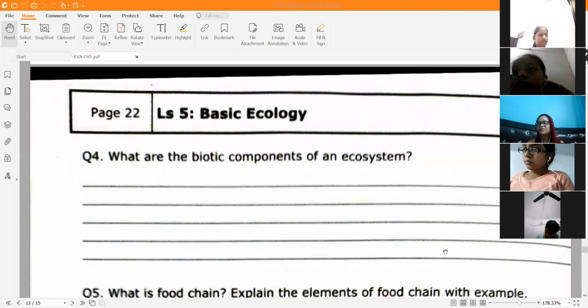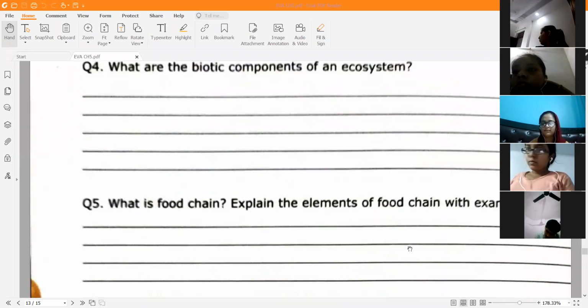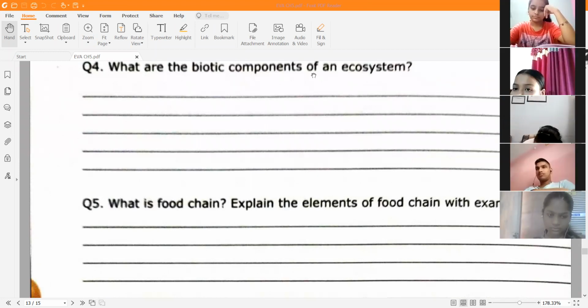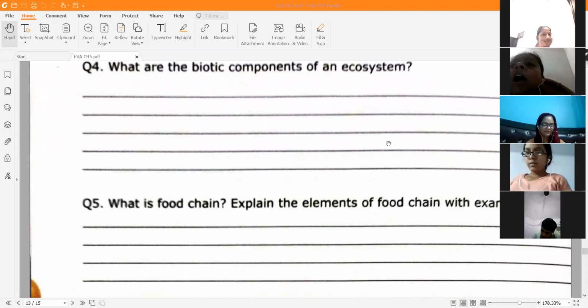How will you form the answer for this? All right, Gauri will start jumping in a minute. Let me ask her. But Neha, pay attention. Listen to what she has to say.